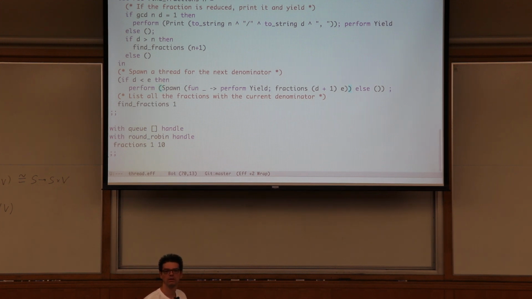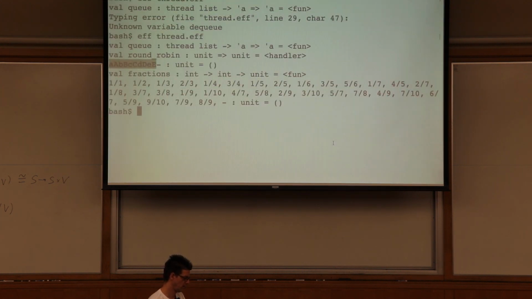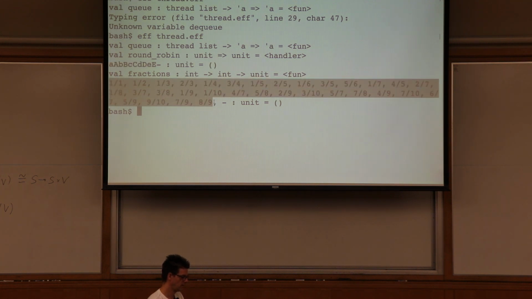And it will print out fractions in lowest terms. Many threads. Each thread is responsible for one denominator. Yes? And here, it will only go up to denominator 10. So here are all the fractions with denominator at most 10 that are in lowest terms.